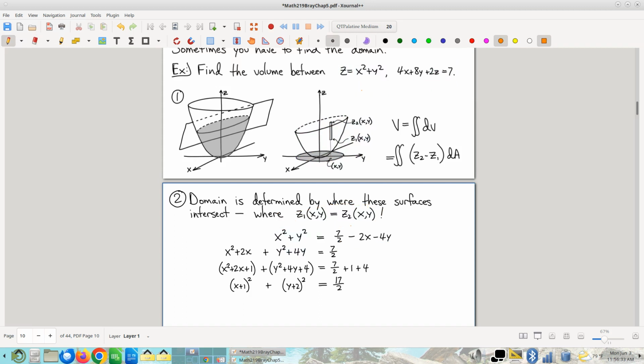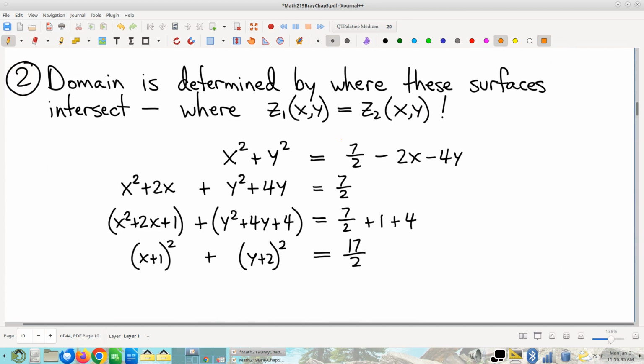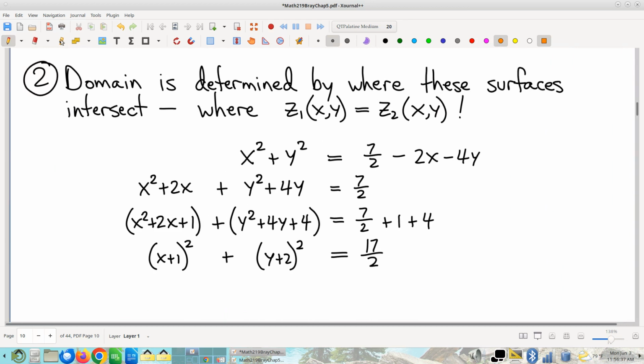I will point out real quick, notice again, this comes up a fair amount: we have to complete the square twice in order to turn this weird quadratic equation into something recognizable. In this case, it's just a circle, and that's convenient. Okay. All right. Okay, so moving along.